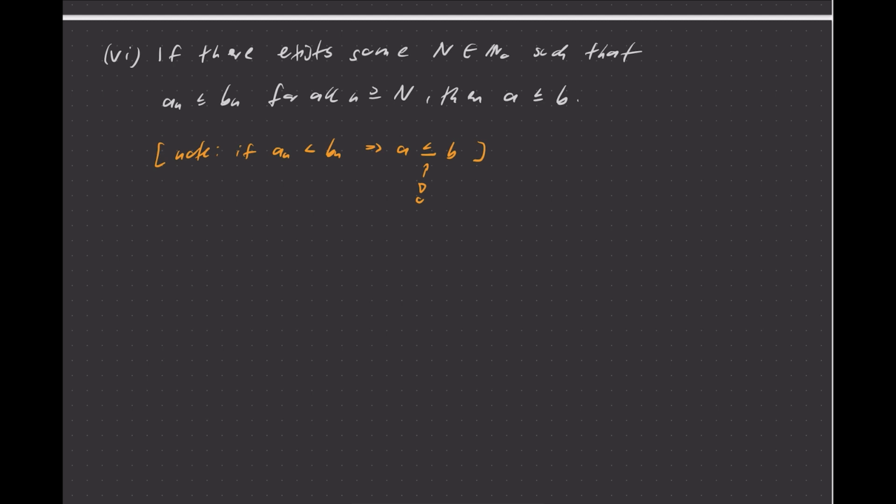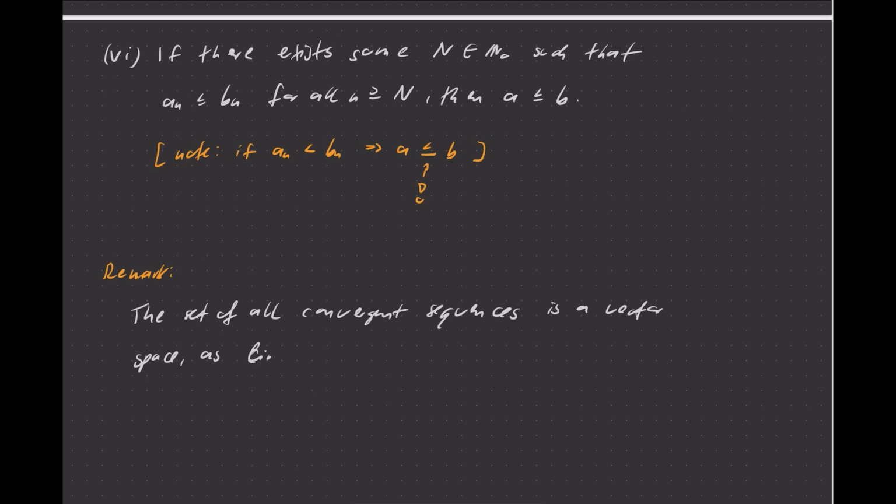So in other words, the set of all convergent sequences is a vector space, as linear combinations do not change convergence. So just as a little remark.